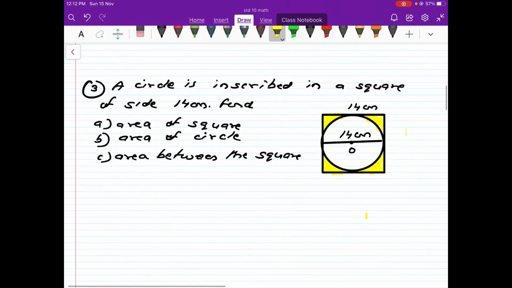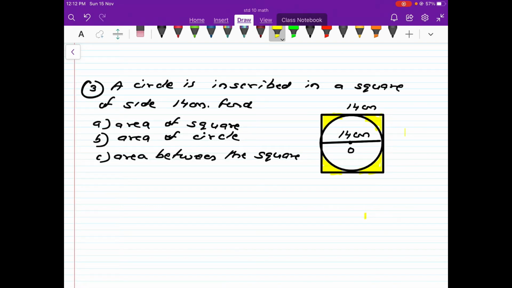So the third one: a circle is inscribed in a square of side 14 centimeters. You have to find the area of the circle, the area of the square, and the difference between the area of the square and the circle. So how do we do this sum?